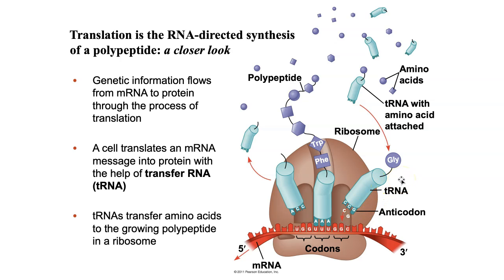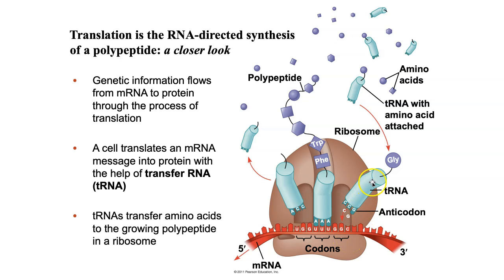So this is very specific in which tRNA, which has its own anticodon, determines which amino acid that tRNA is carrying. So as we see here, this anticodon is CCG. It's going to base pair with the mRNA's GGC, right? C is binding with G, C is binding with G, G is binding with C. Anticodon matches the codon.